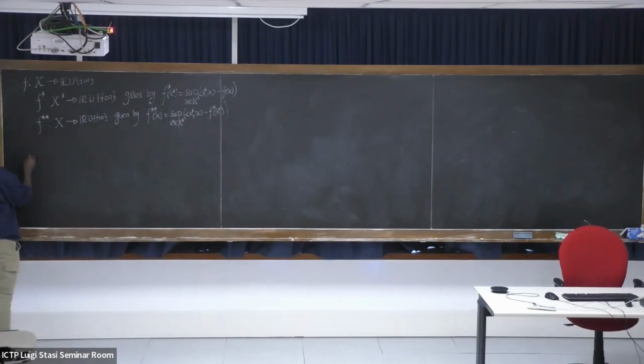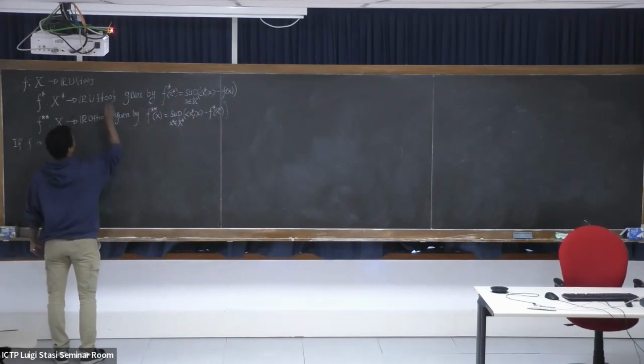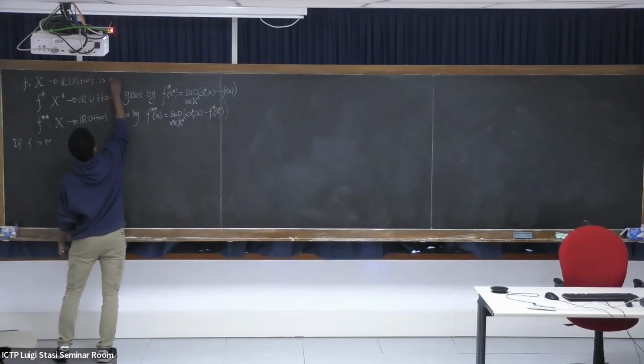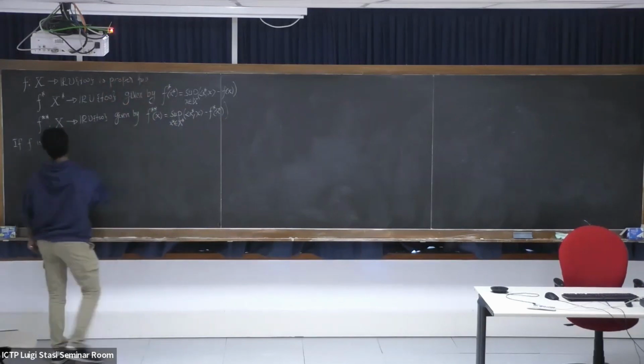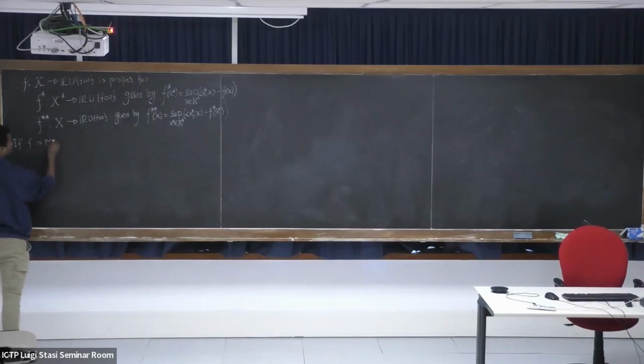As the last property, we stated the following theorem. Actually, it's very important. If you want to define this, f should be proper, a proper and convex function.